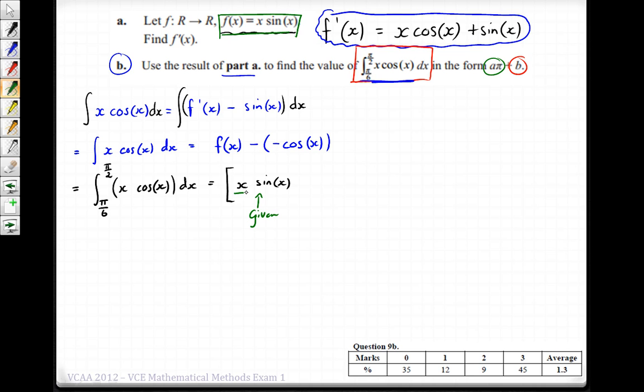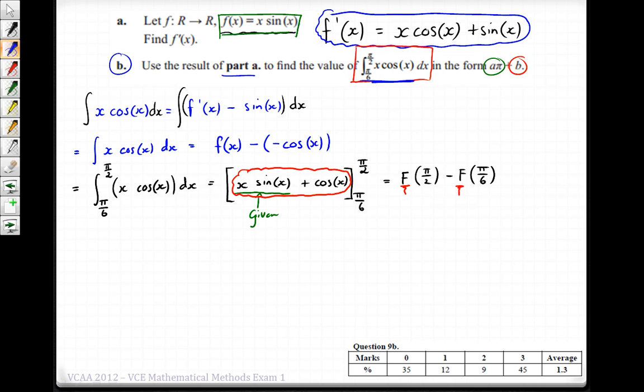And then negative cos x is just going to be positive cos of x. And again, we're going to evaluate that between pi on 6 and pi on 2. So again, that's the same as capital F of pi on 2, subtract away capital F of pi on 6, where capital F is just our entire antiderivative that we found in there.